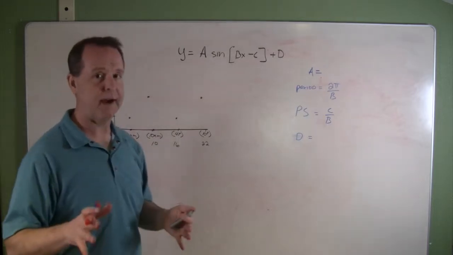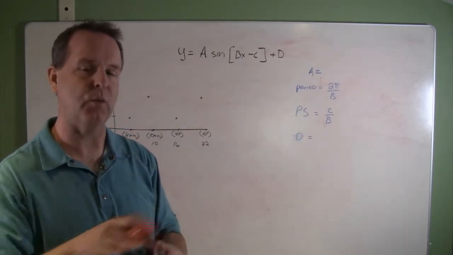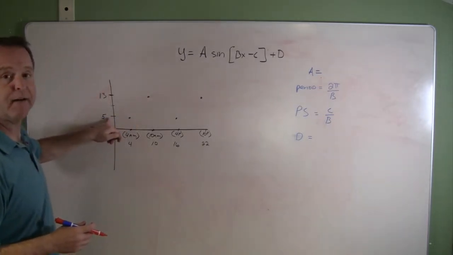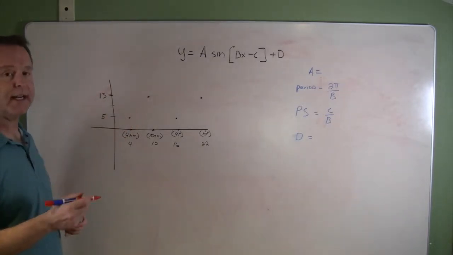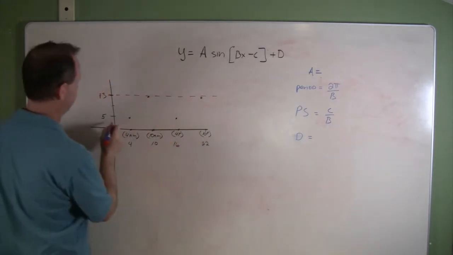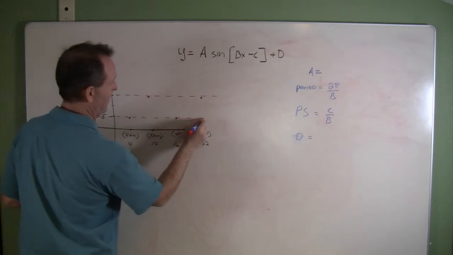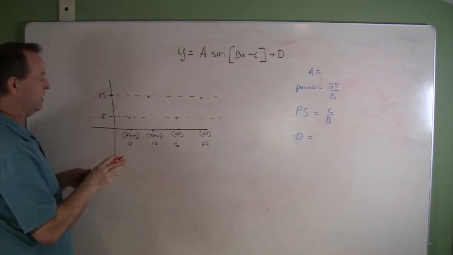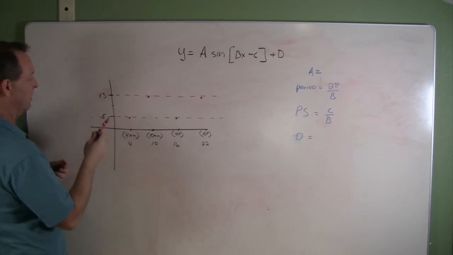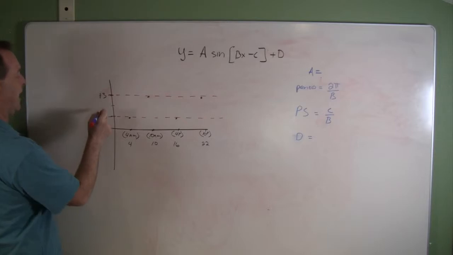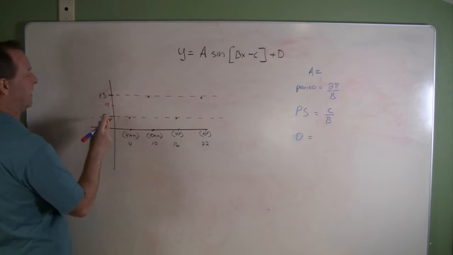Amplitude. Well, to find our amplitude, we kind of need to get a sense of where our middle part of the graph is. So we know that we have a minimum at 5 feet and a maximum at 13 feet, and we can see that with this particular graph. Its middle point, or its natural position, is halfway between the two. 13 minus 5 is 8, half of that is 4, add 4 to 5, so this is about 9 feet.